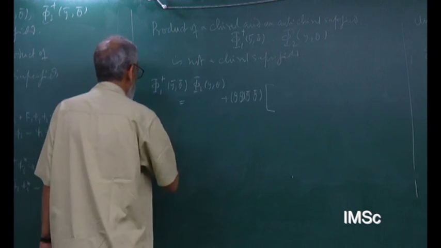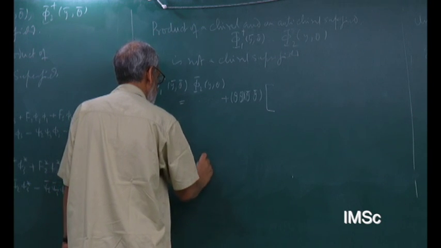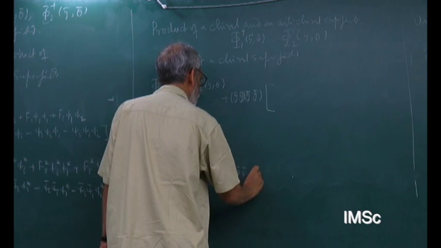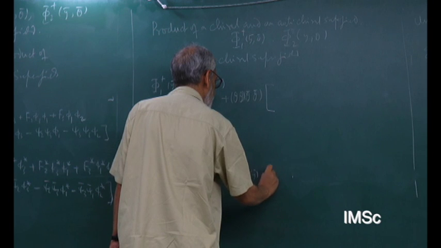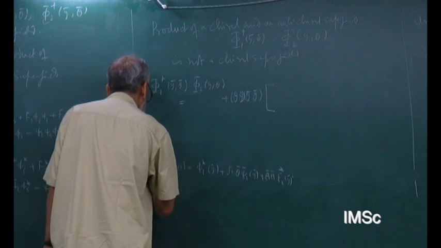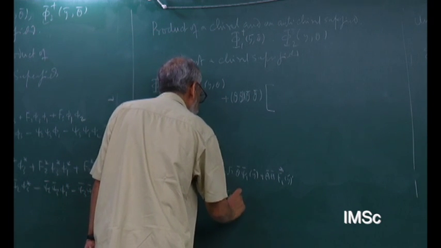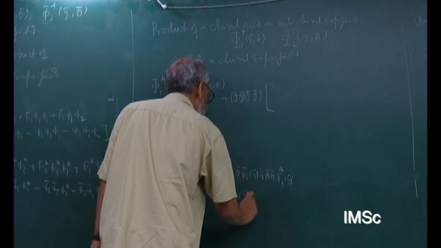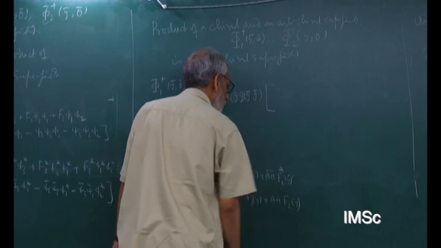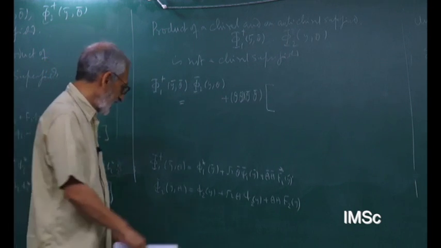See, write this object as phi 1 dagger of y bar as phi 1 star, y bar, root 2 theta bar psi bar, plus theta bar theta bar F1 star, and phi 2 of y theta as phi 2 of y, root 2 theta psi 2 of y, theta theta F2. Okay? And then take the products.